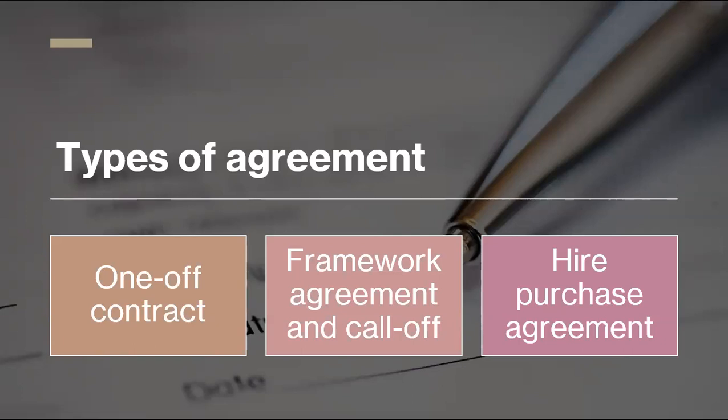I think I don't need to talk again about the definition or the features of each type of agreement. For example, you should remember that a framework agreement has no legal standing, or no legal binding, but the call-off under a framework agreement has such effect.